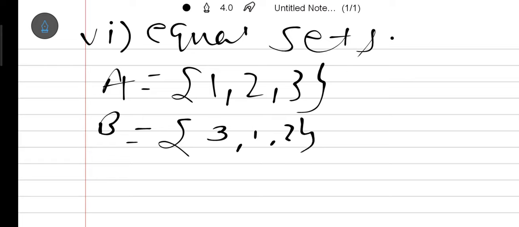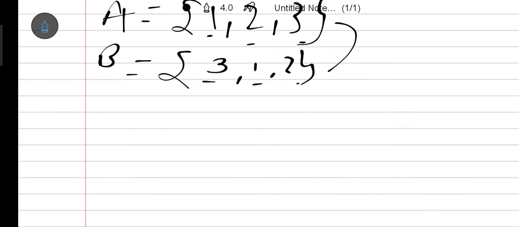Now A has elements 1, 2 and 3 and B also has 1, 2 and 3, so these both are equal. They are equivalent also, because their cardinal numbers are equal.